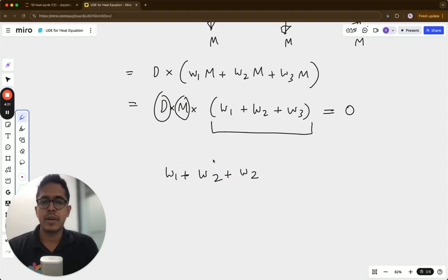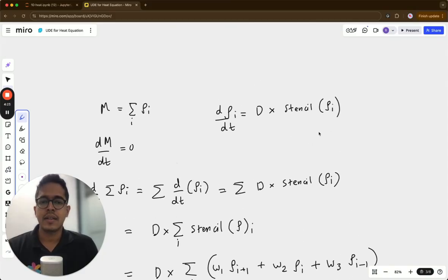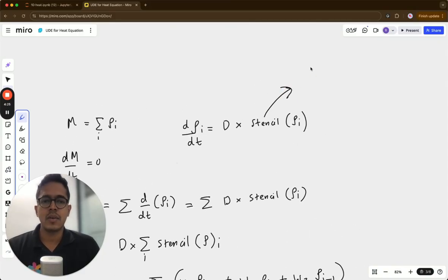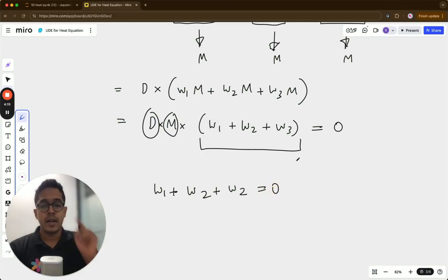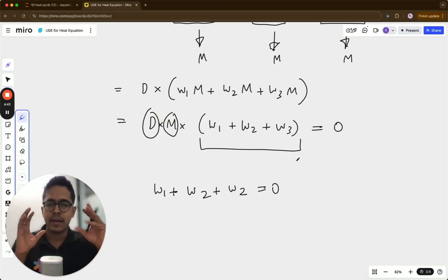W1, W2, W3: the stencil was a 3-point stencil of this form. So basically you are saying the sum of the 3 weights inside the stencil is 0. Now this is for the case of mass conservation. So if you are looking at a mass diffusion problem, you have mass conservation if you have a 3-point stencil with W1 plus W2 plus W3 equal to 0.